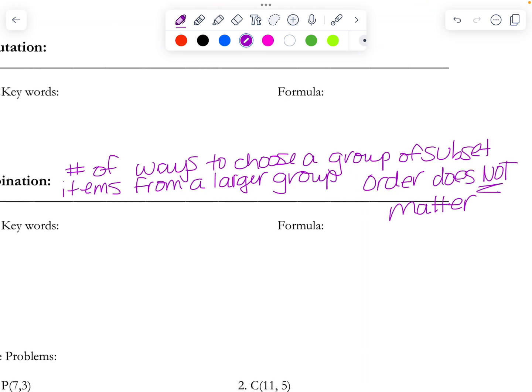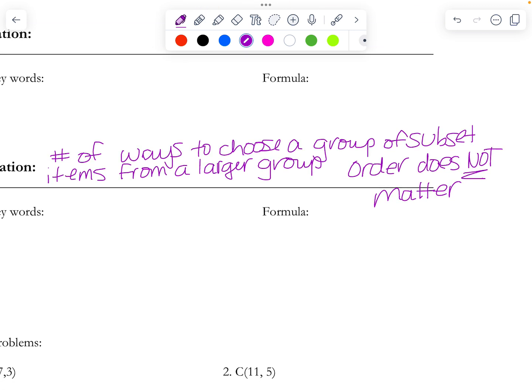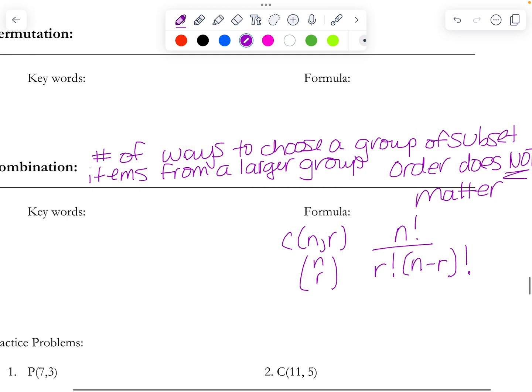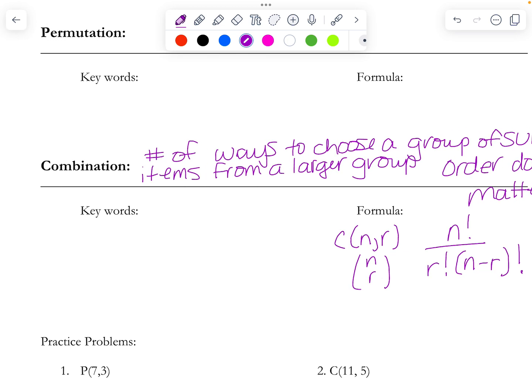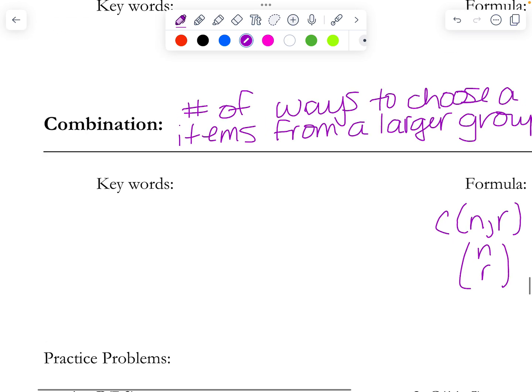So we know that our formula, we learned this the other day, the combination of n choose r. We could also see it in vertical form, n factorial over r factorial times n minus r factorial. Now, since order doesn't matter, I'm going to give you some keywords.